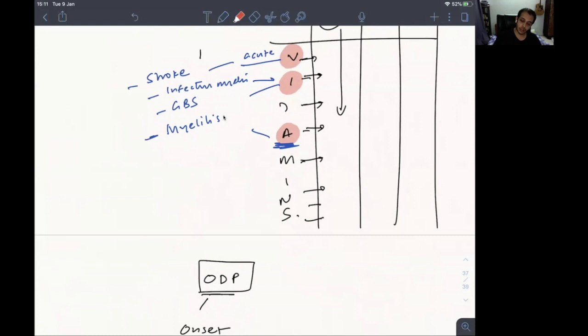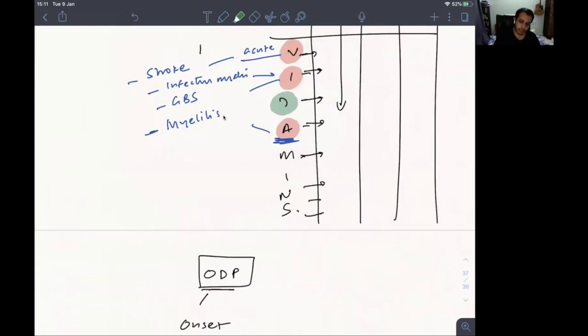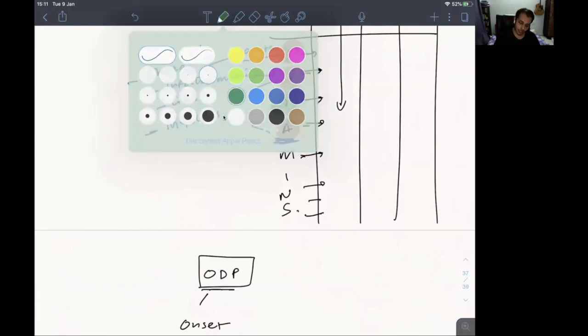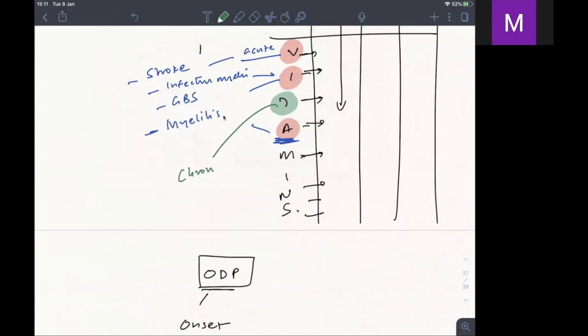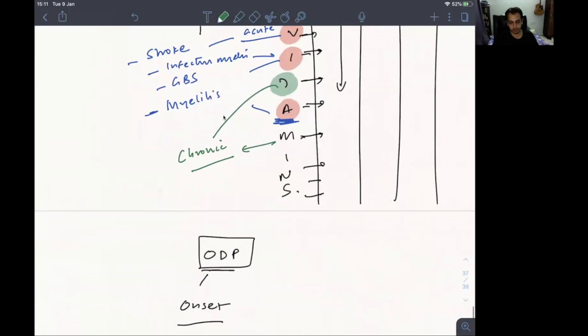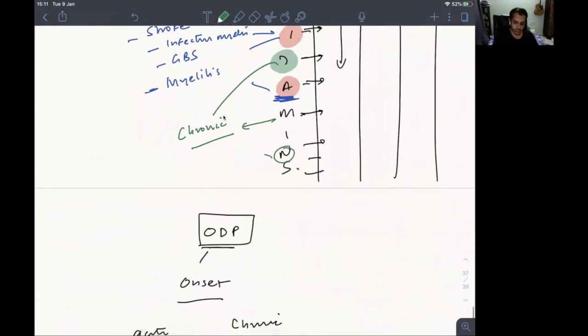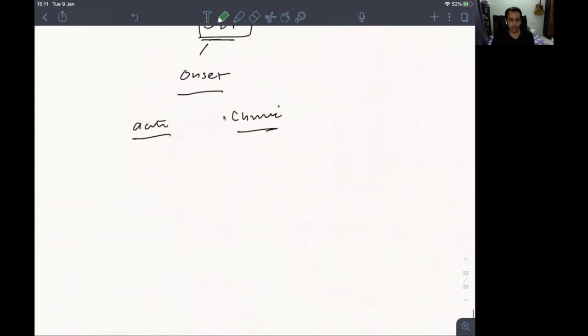Whereas your traumatic lesions, so T is for trauma, so your traumatic lesions such as cervical spondylosis or even your tumors, these are more likely to be chronic. So they are more slowly progressive. And M is metabolic. So even metabolic causes are more likely to be a little more slowly progressive. Okay, and N is nutritional deficiencies, also more slowly progressive. So this is a rough outline.